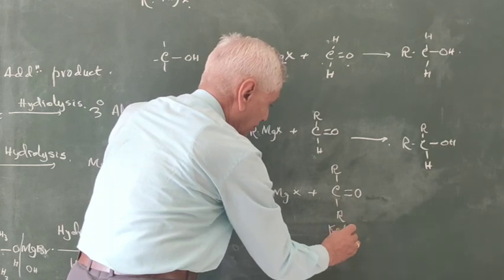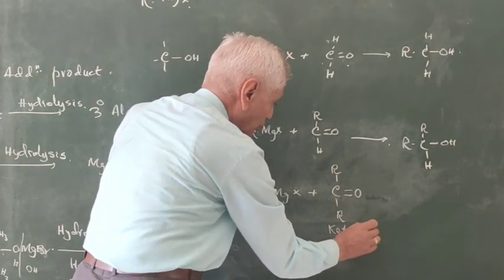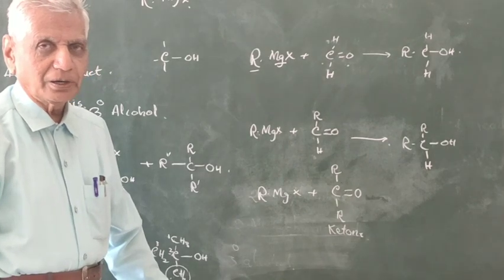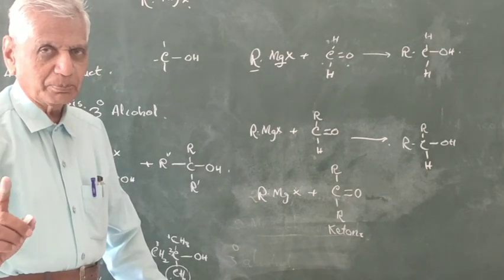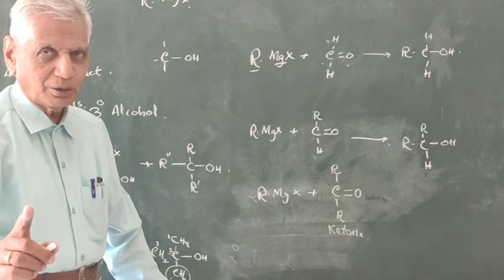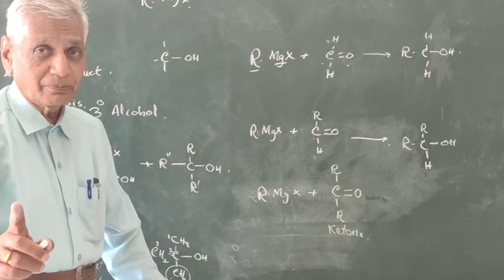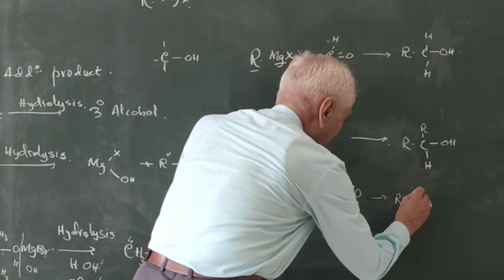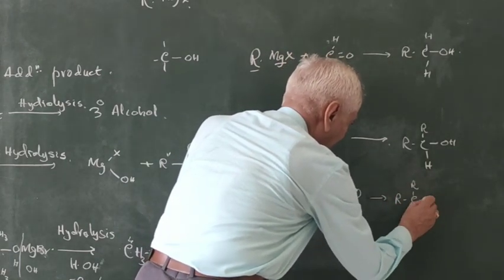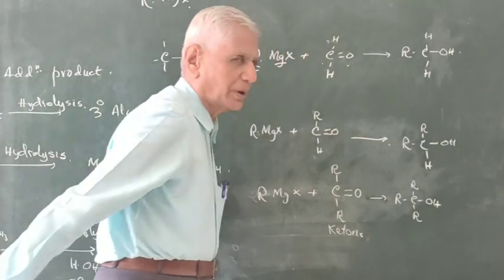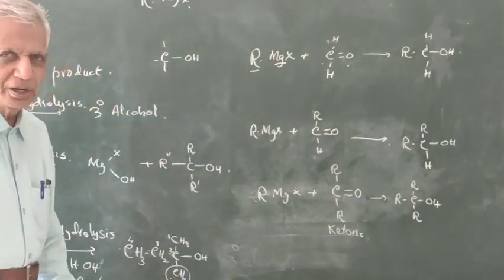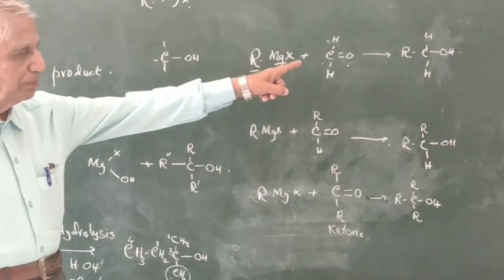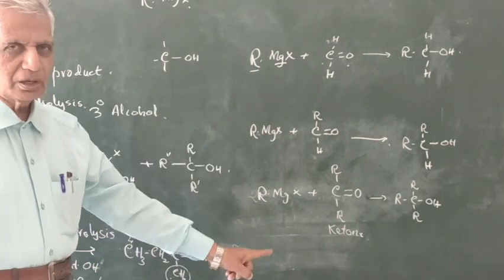So when you make use of a ketone and a Grignard's reagent, you get tertiary alcohol, R C R OH. Very simple reaction. Therefore, starting from the Grignard's reagent, you can prepare primary, secondary or tertiary alcohol.